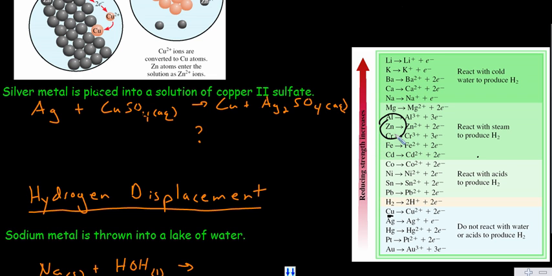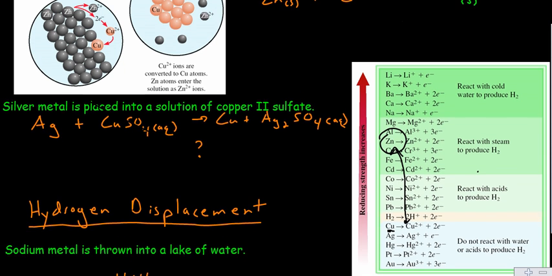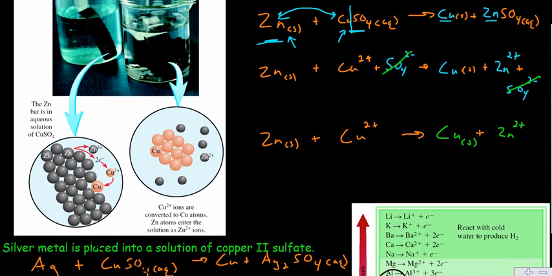It's a strong reducing agent relative to copper, and so zinc and copper ion can kind of switch places, so that copper will soon be the solid, and zinc ion will be left. This reaction is able to occur because copper is fairly stable, having no charge.